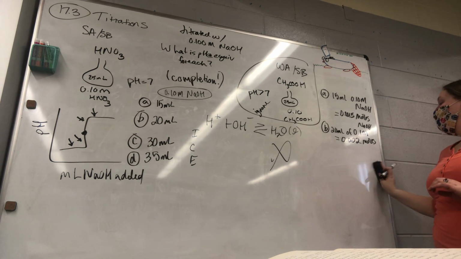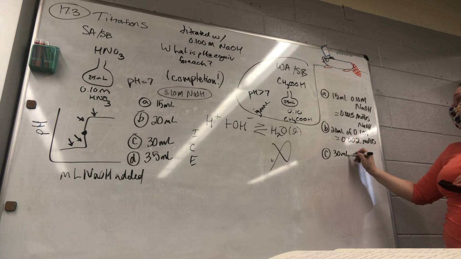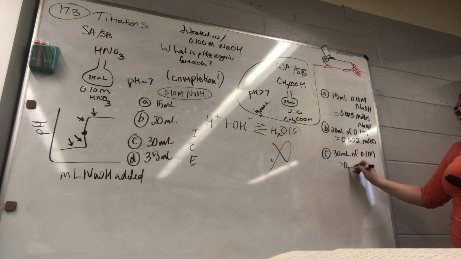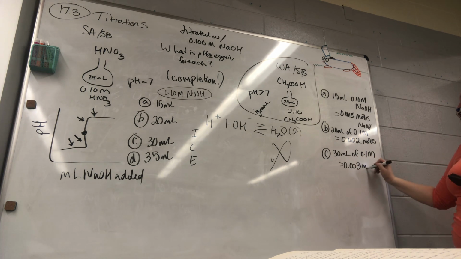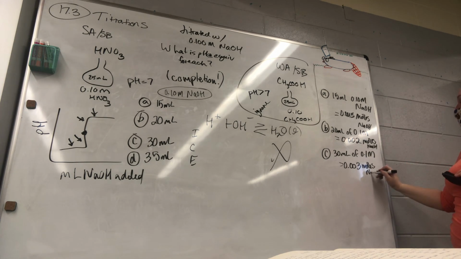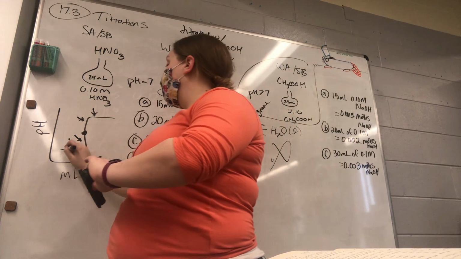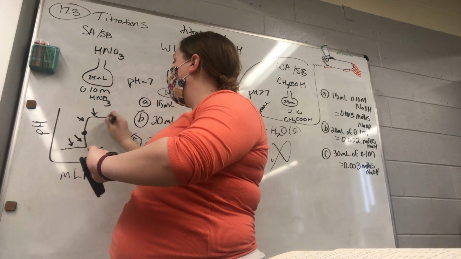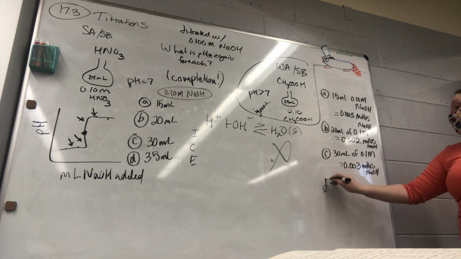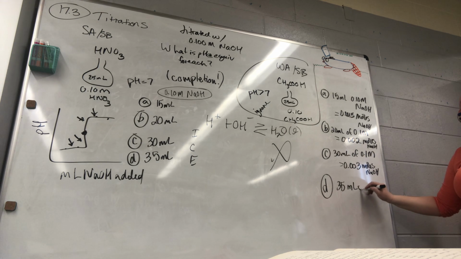For C, what are you going to get? 30 milliliters of 0.1 molar means 0.003 moles. Don't forget, these are all NaOH, and this is going to be our NaOH at 4 different points along our curve. We're going to have one here, one here, one here, one there. Okay? For D, 0.0035.